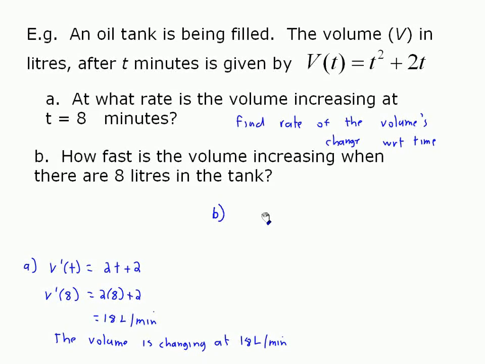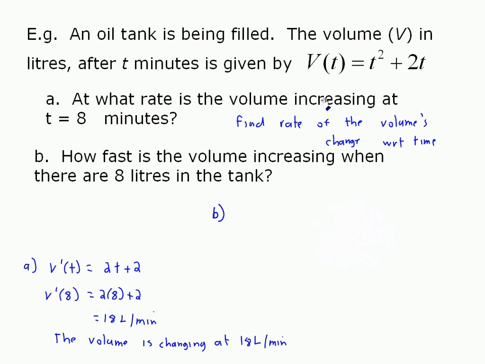Now, first off, we have to decide which equation we need to work with. We ultimately want to be finding rate of change, because how fast is it increasing? But we don't know when that's occurring.